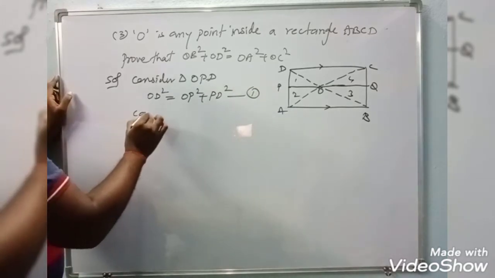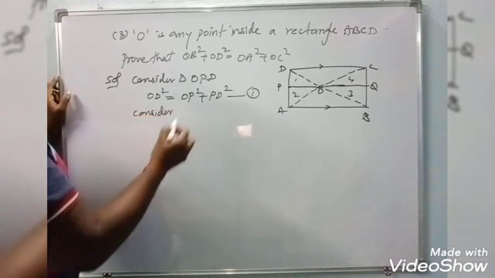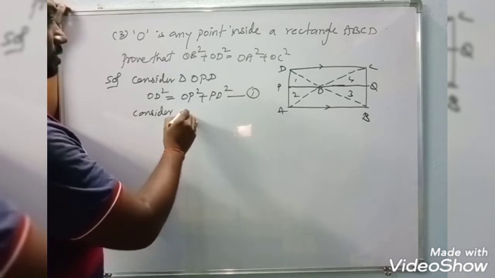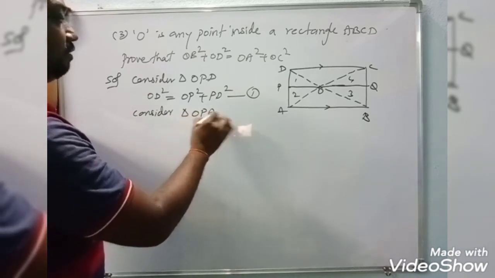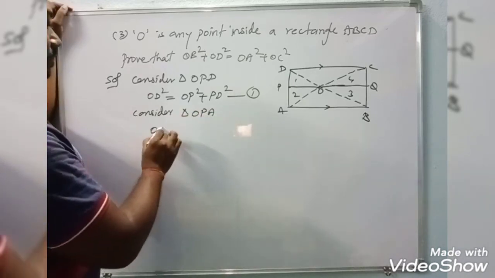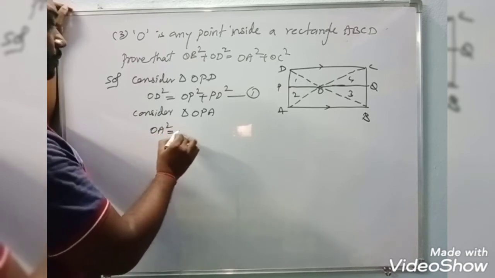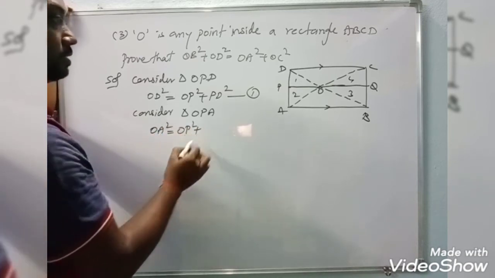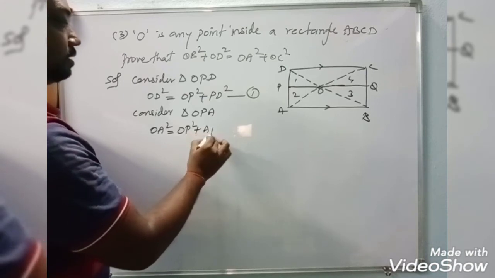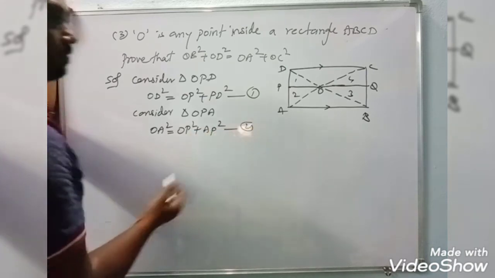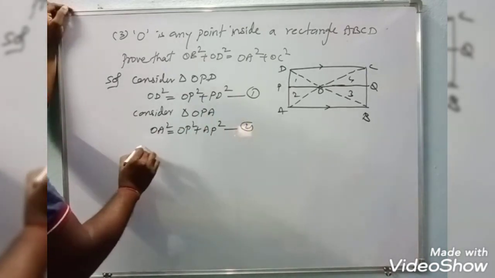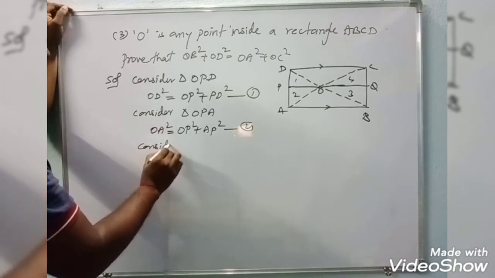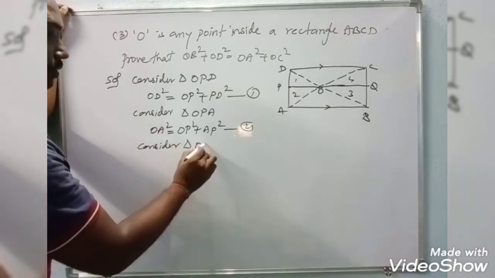Now consider the second triangle, that is triangle OPA. If I consider this triangle, we have OA square is equal to OP square plus AP square, denote as second equation. Next go for the next triangle. Now consider triangle OBQ.